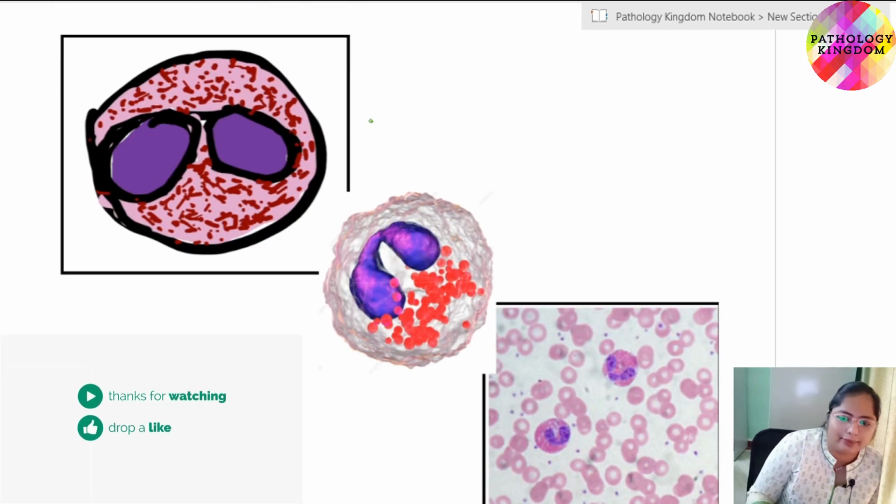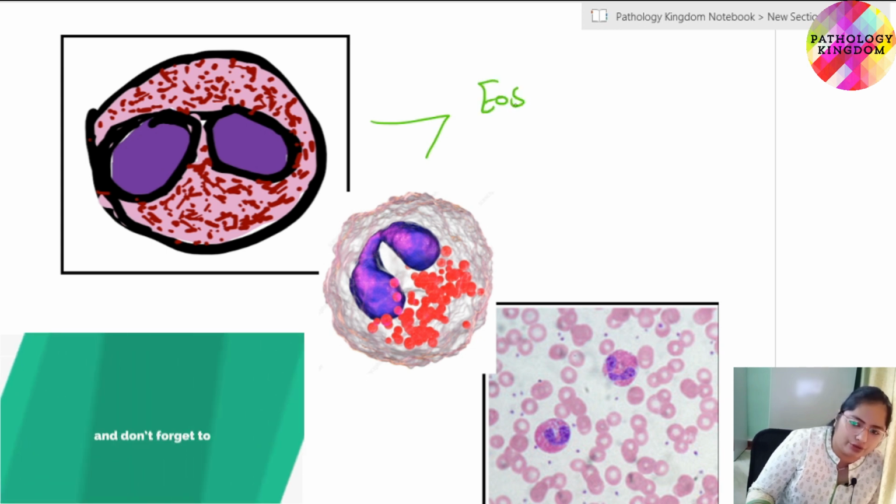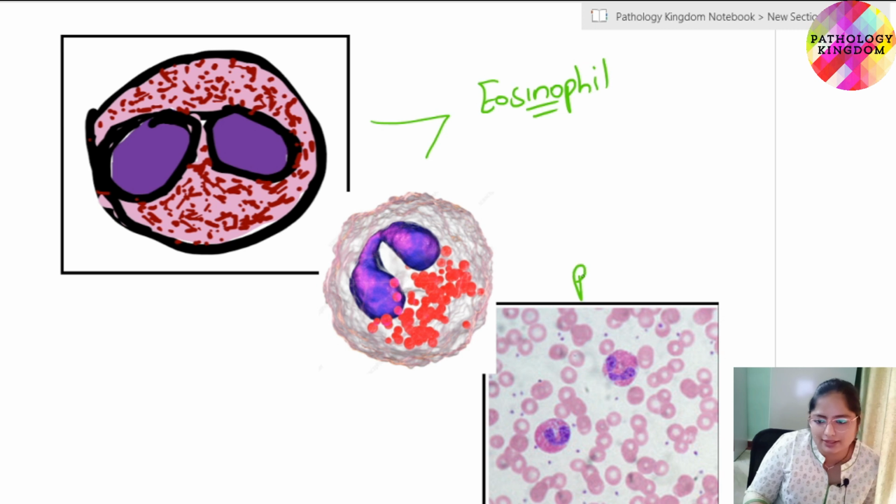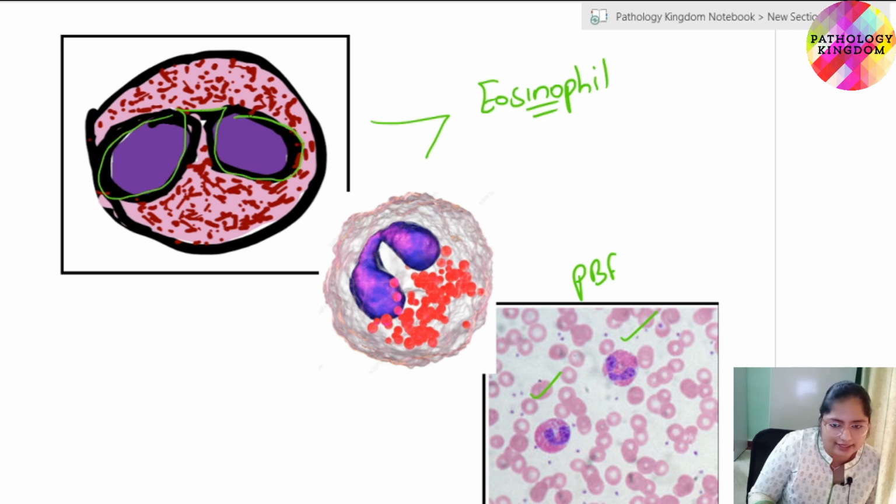This is the diagrammatic representation of eosinophil, and this is the peripheral blood film having eosinophil. The nucleus is bilobed, as you can see.